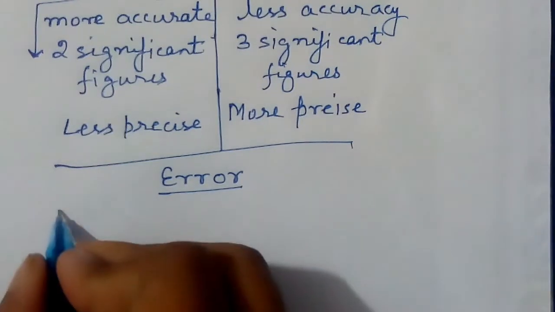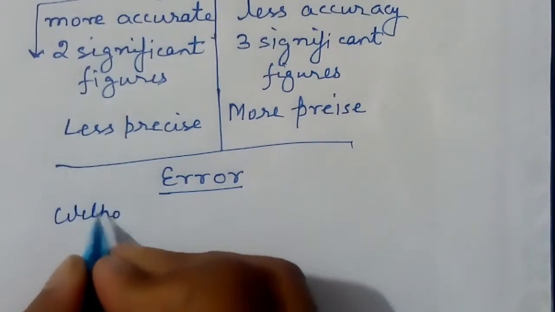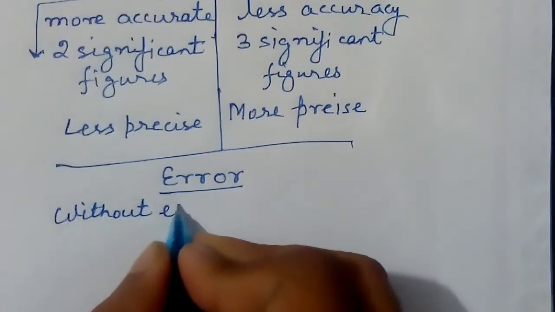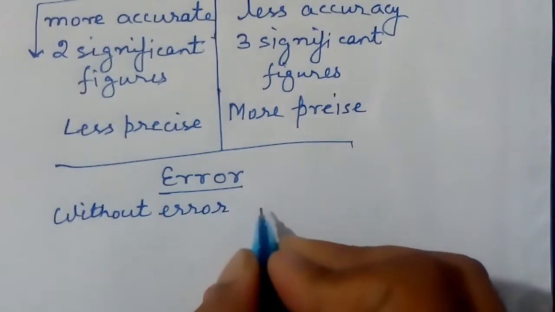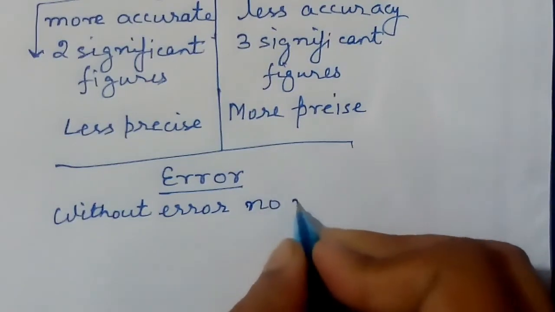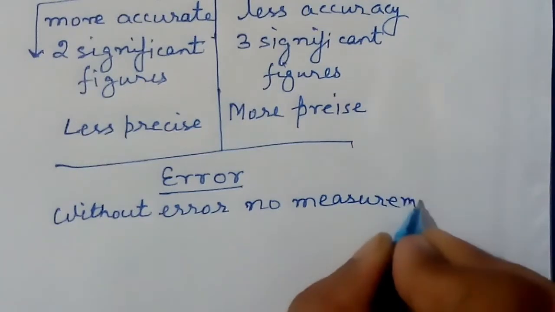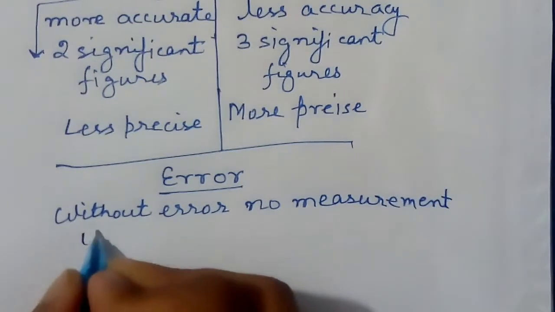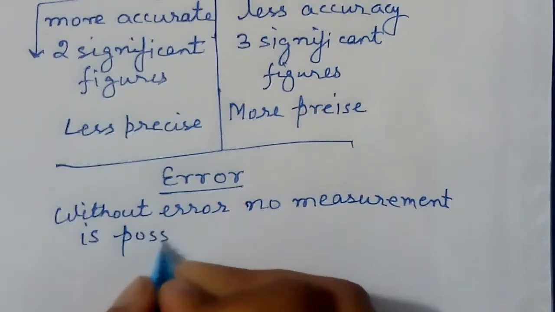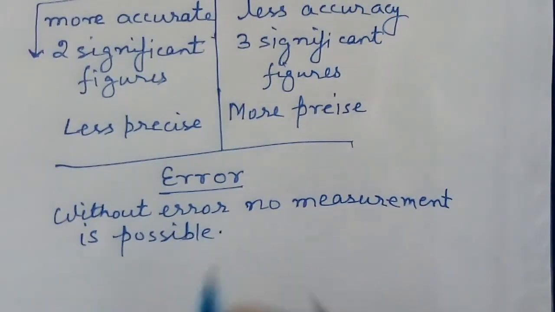So we can say without error, no measurement is possible. If we are doing any experiment, there must be some error. Maybe less error is there, maybe more error is there, but the error must be there.